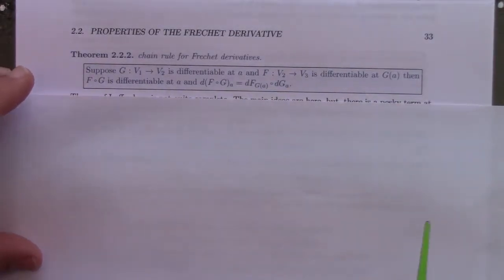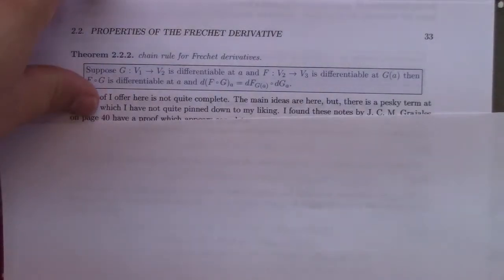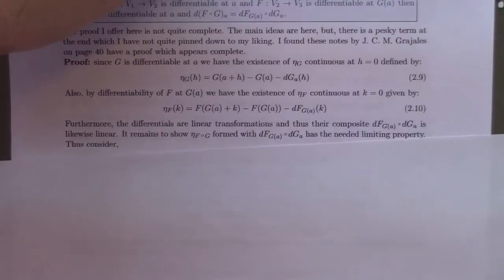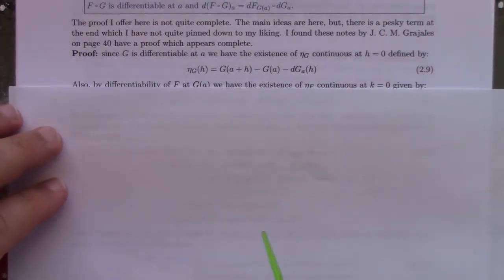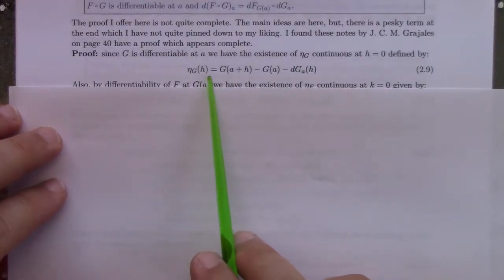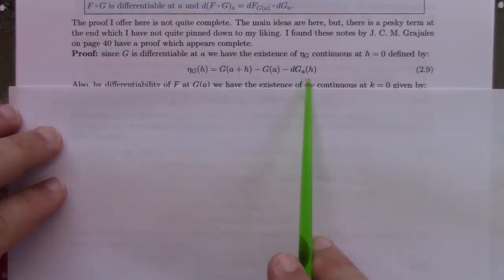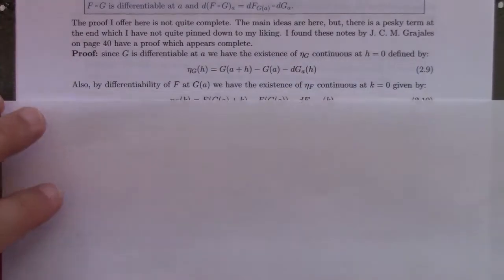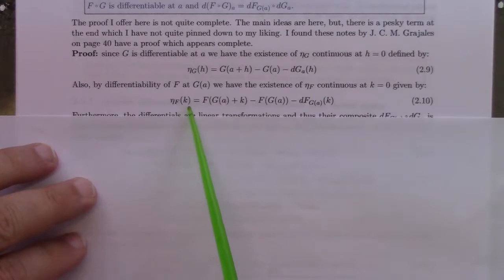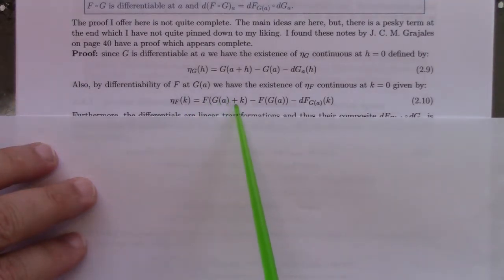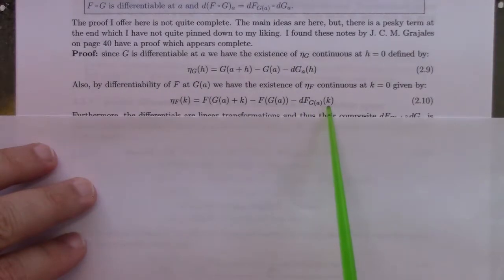So there it is. Now, the proof I give here is not complete, but I offer the main points of it. The central point is just that if g is differentiable, I have eta of g is this. Differentiability of f at g of a, I have something like eta f of k is f of g of a plus k minus f of g of a minus df at g of a of k.